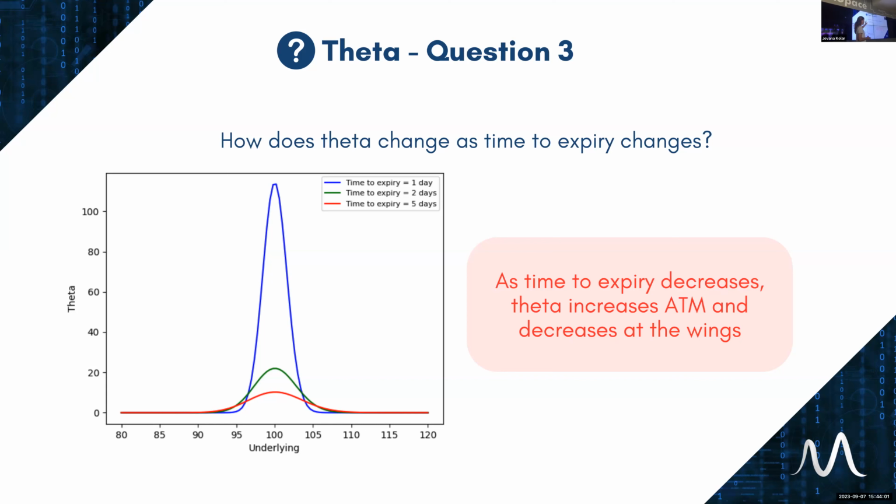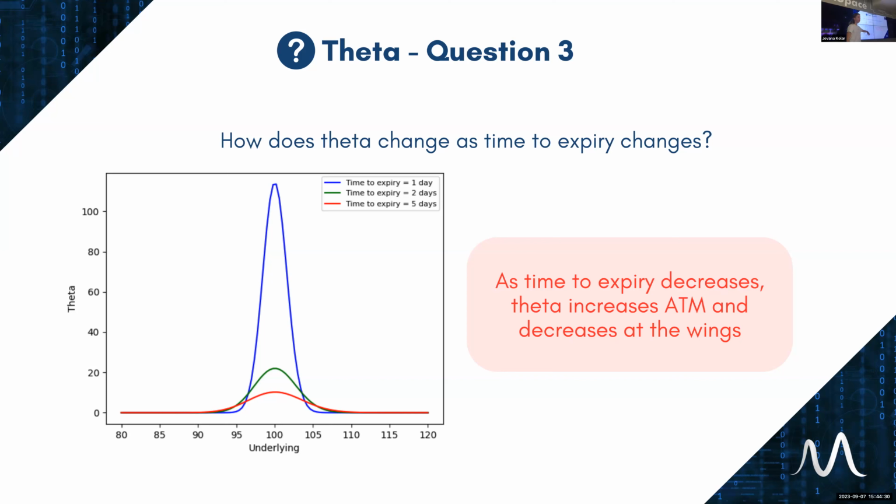You can view the extrinsic value as dropping a lot at the money the closer you are to expiry, right? But at the wings, as time to expiry decreases, your theta will decrease slightly.